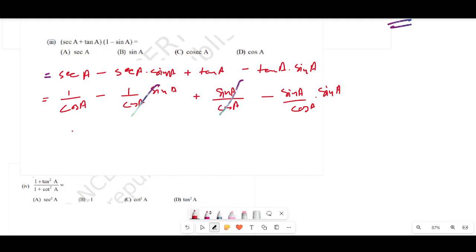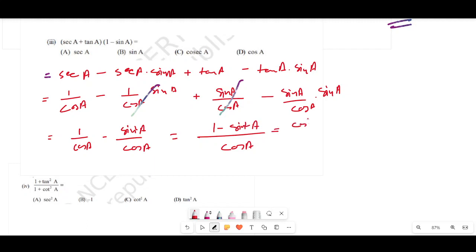Clear? Now 1 by cos a and sin square a upon cos a is remaining. Then here we will have cos a, and 1 minus sin square a will be cos square a, and here it will be cos a, so it will be cos a.